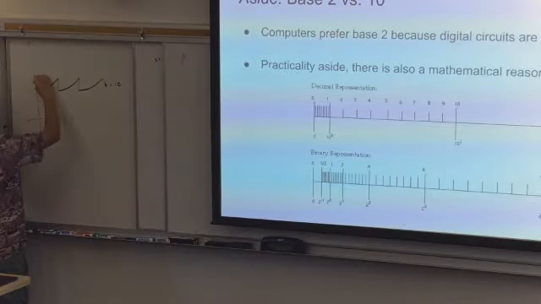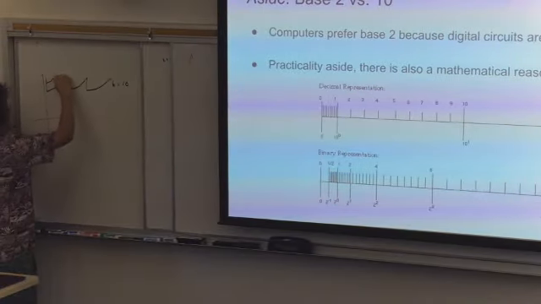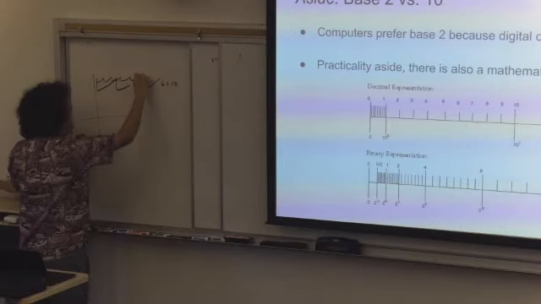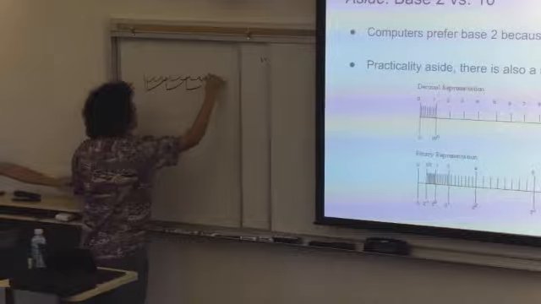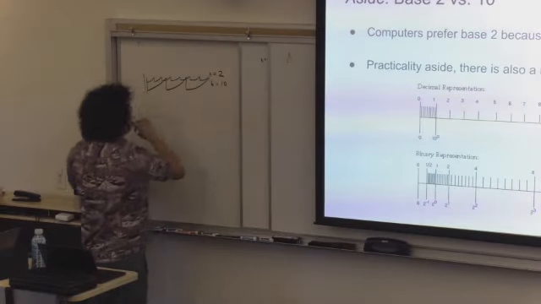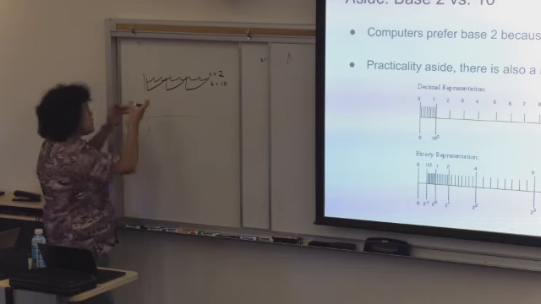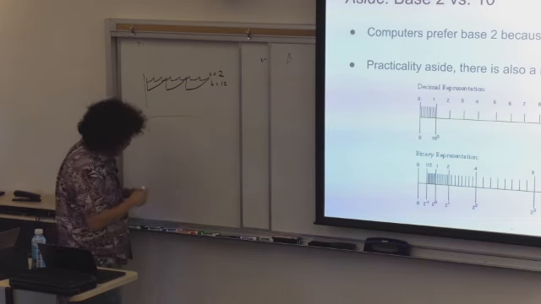But for base 2, you get a graph that looks a little bit different, where you go down, then up again, down, then up again. It happens at a more frequent pace, but on average, the effective precision with which you can store a number stays higher than in base 10.